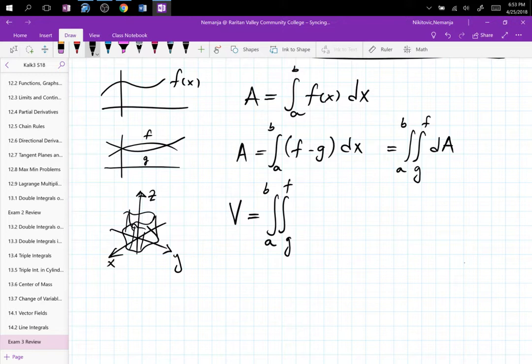And then I put over here the function h, and that function h is in terms of x and y, and then I have dA. So dA is already 2D, times this is 3D, so it's volume.